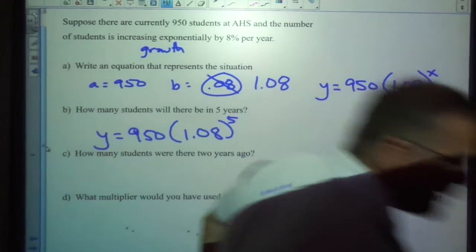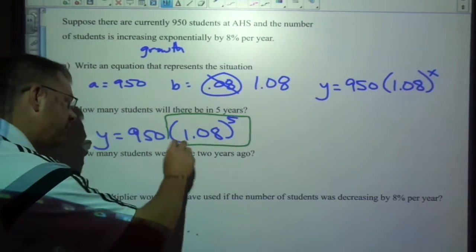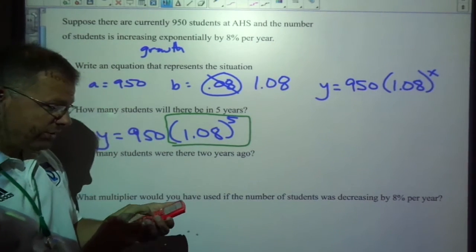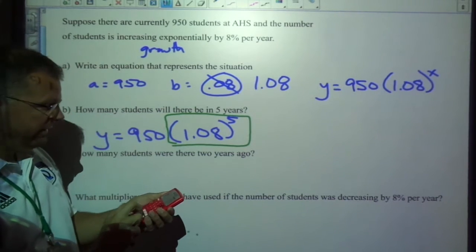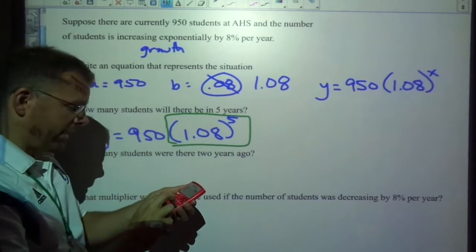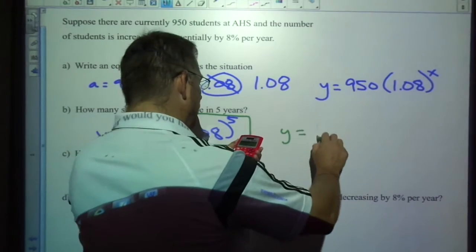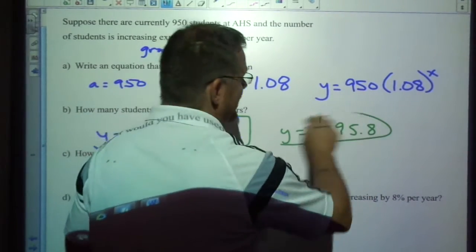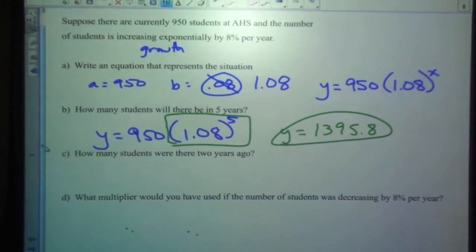So now when I do it on the calculator, do this part first, not the multiplication. We want to do exponents first. Please excuse my dear Aunt Sally, the x comes first. 1.08 raised to the 5th. I get 1.469. I'll take that times 950, and I get 1395.8. There's probably not going to be 0.8 people, but it goes from 950 to 1395 at that rate of growth.